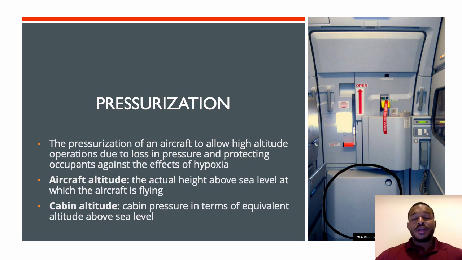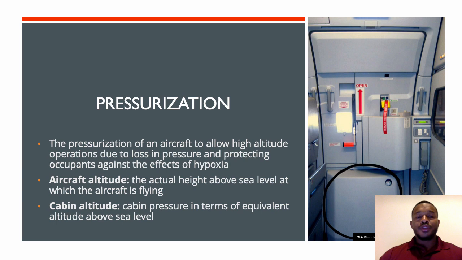The primary difference is going to be that the air molecules are spread out more, so it's harder for the body to get the same amount of oxygen molecules in a smaller space as it is at higher altitudes.